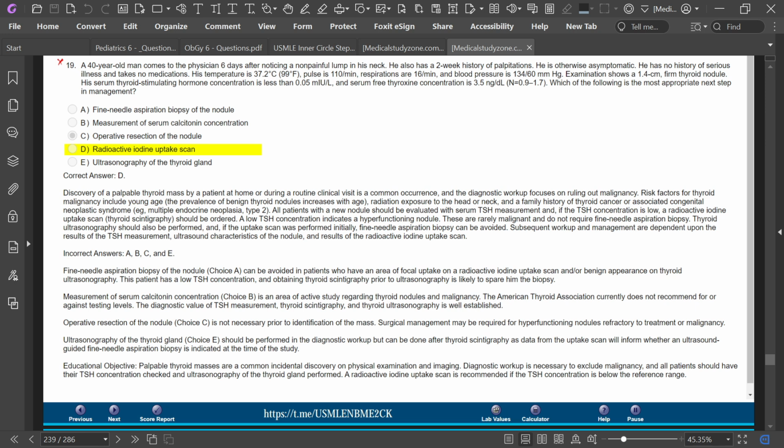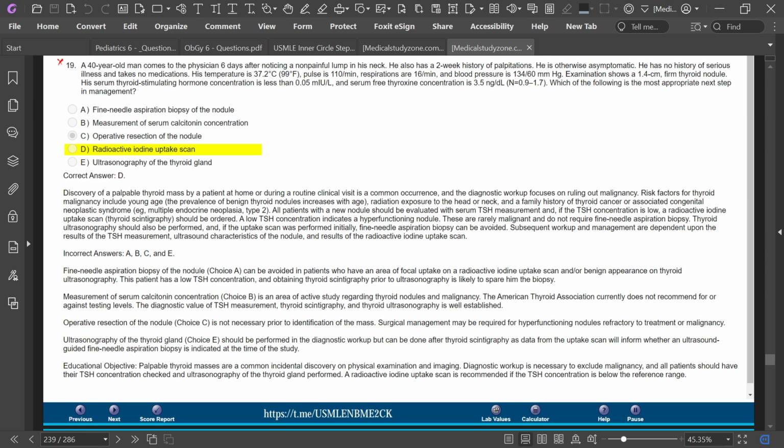After radioiodine scintigraphy, if it is hyperfunctional, then we will treat the patient like hyperthyroid.